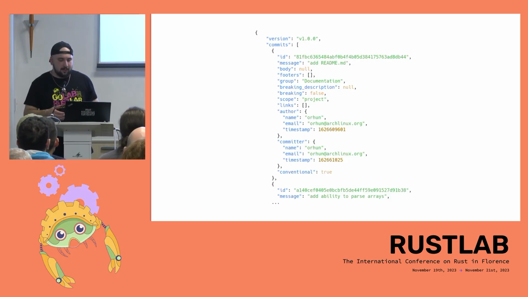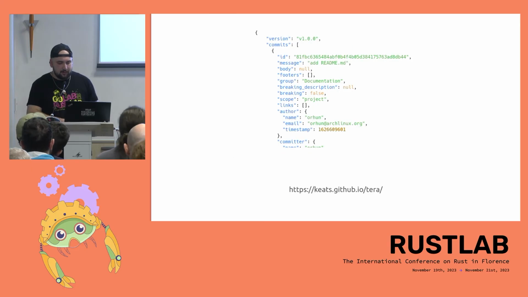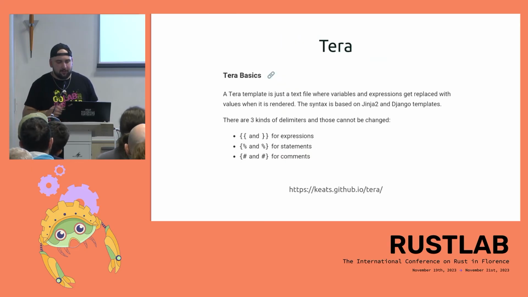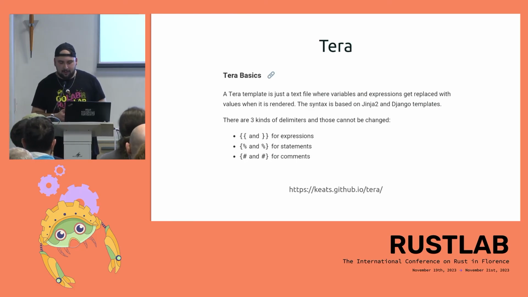For example, it has the message, it has the group, which for the first object is documentation, and then it has the scope, and for other metadata such as author and committer, we also have it. And we give it to Tera, and Tera, like I mentioned, has some expressions and statements and many things that you can do with it.